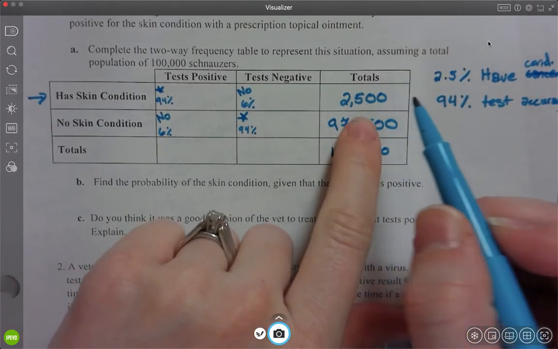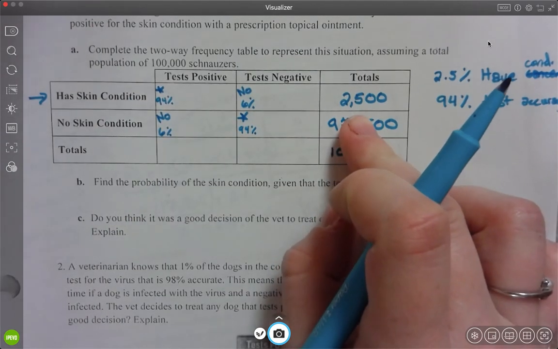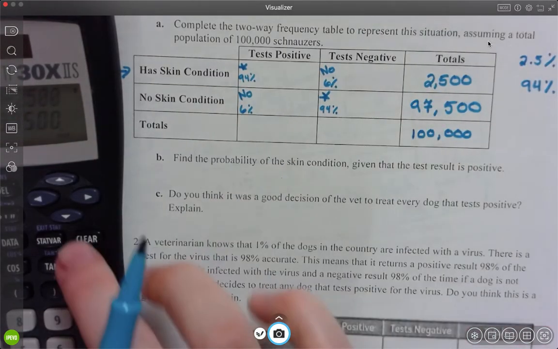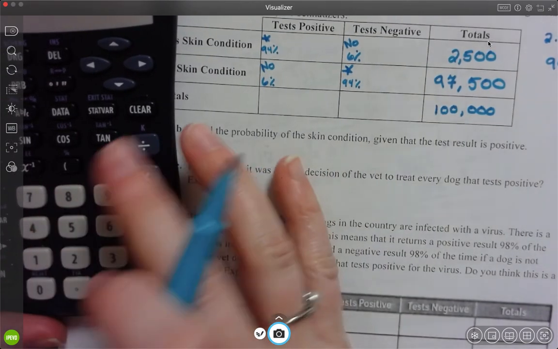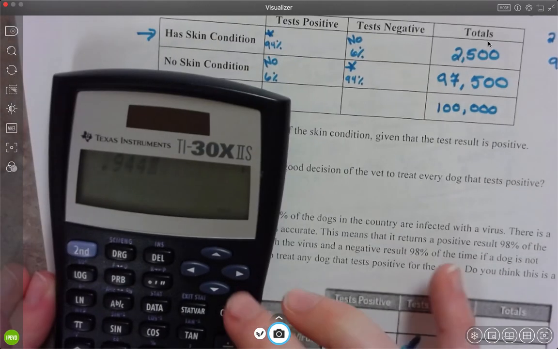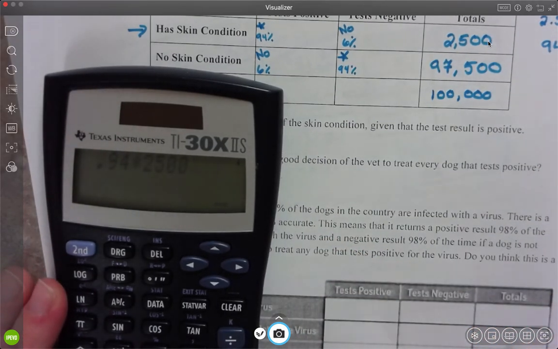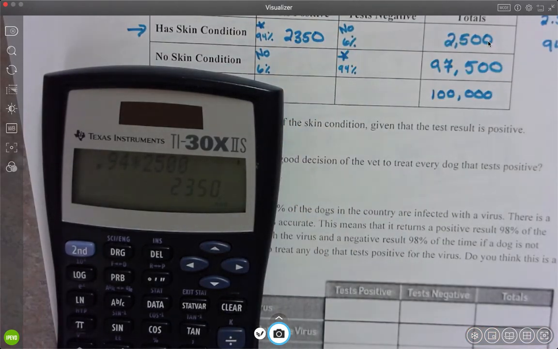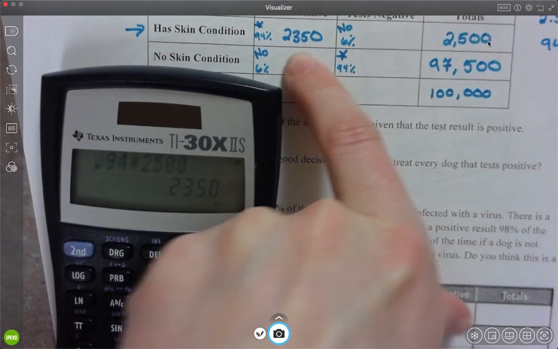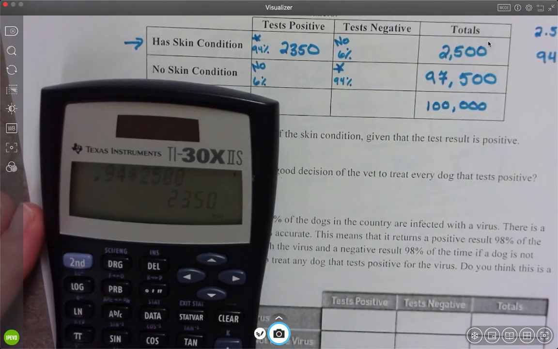So looking at this total, 2,500, 94% of those 2,500 are going to get the results that should happen, okay? So 94% is 0.94, and I'm going to multiply by 2,500, and that's going to give me 2,350. So out of this 2,500, 2,350 are going to get the results that should happen. 6% of the time, they're going to get results that shouldn't happen.